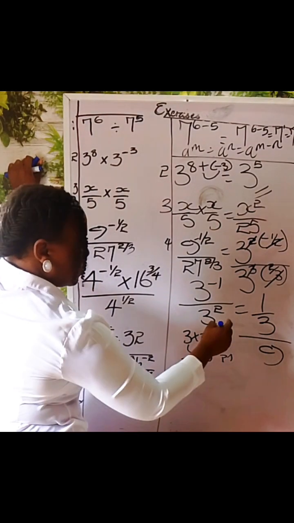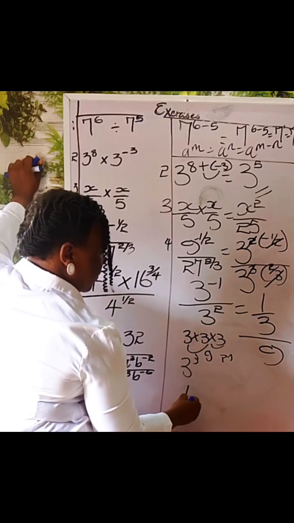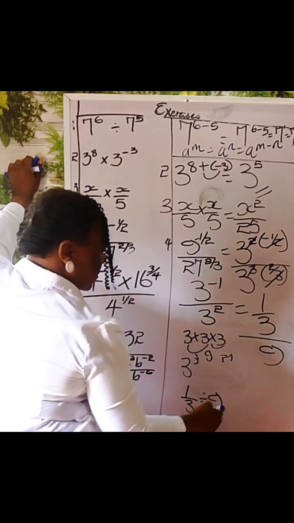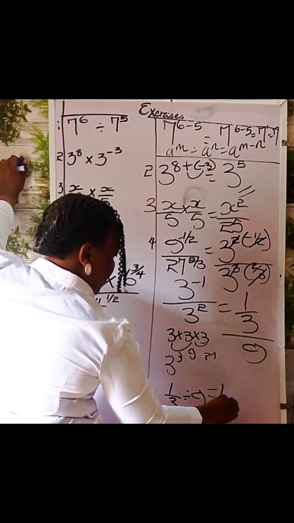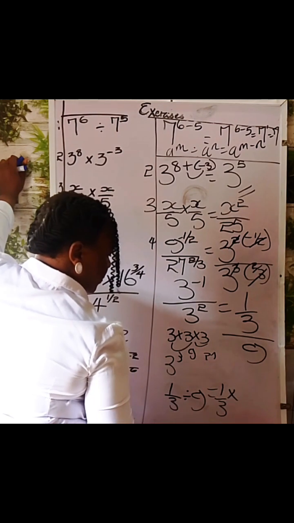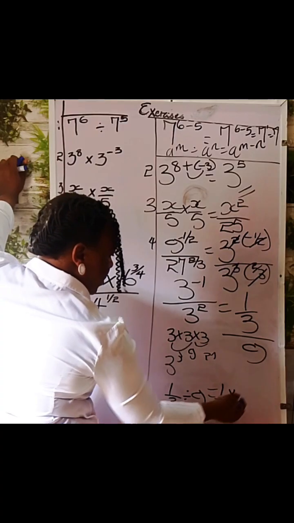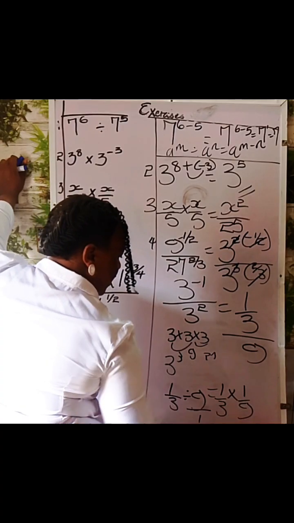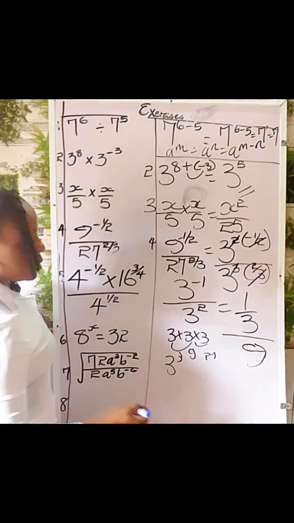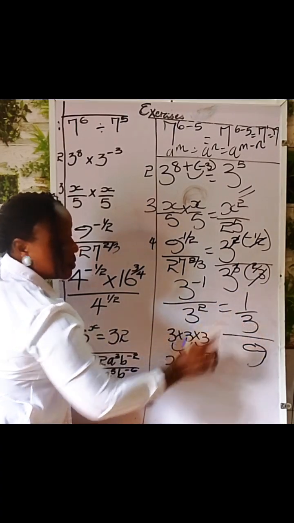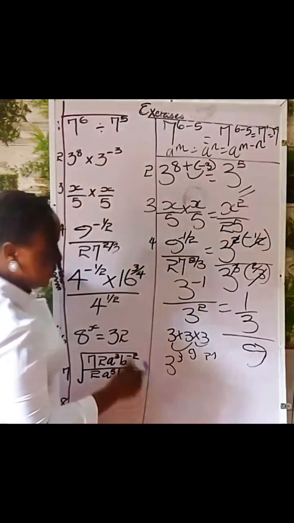According to a mathematical rule, when we have 1 over 3 divided by 9, it will equal 1/3 times, you put in 1 here. This one will go up and 9 come here, 1/9. Okay, you see that our 3 raised to power minus 1 will become 1/3, and this one becomes 9.